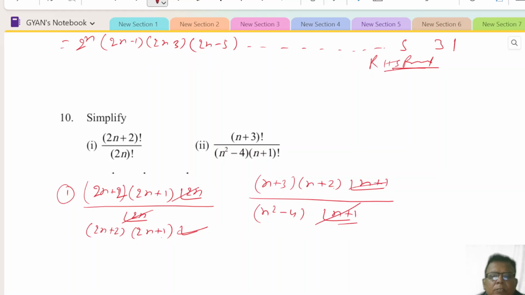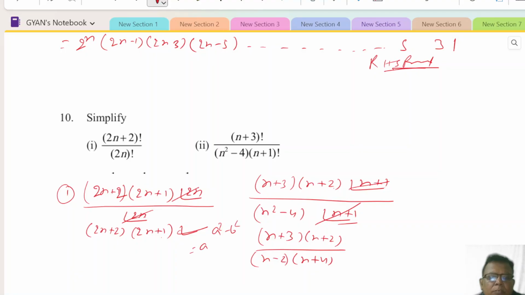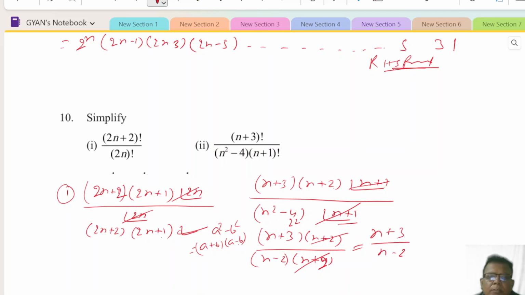So this will get cancelled. You can write n minus 2, n plus 2, because a square minus b square is equal to a plus b and a minus b, and this is 2 square. So this gets cancelled, and the answer will be n plus 3 divided by n minus 2.